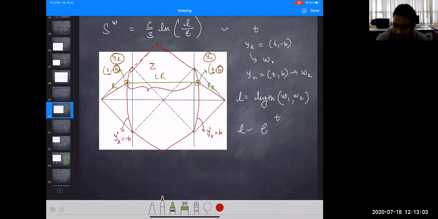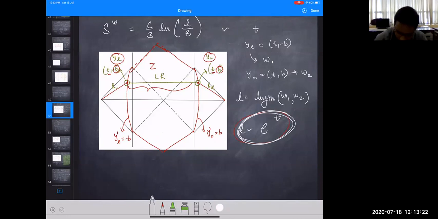Generally, when you take y equals constant on the left and on the right and evolve in time, the length between these two points in the w coordinate just keeps on increasing. Okay, so this exponential growth always happens.